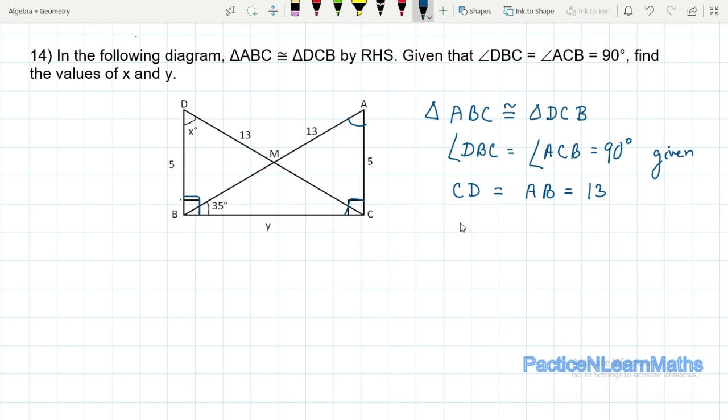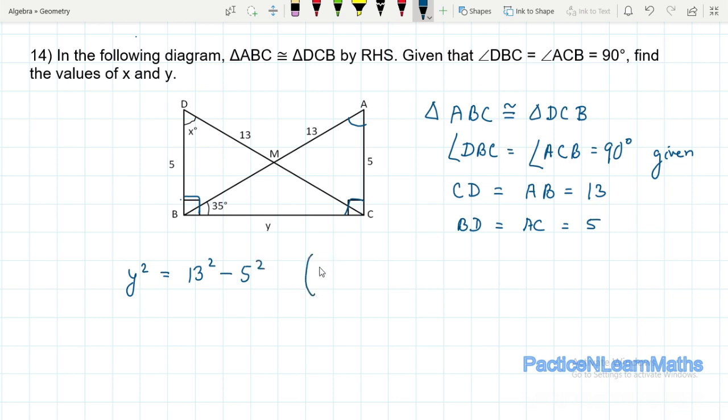Also, it is given that BD is equal to AC is equal to 5 and this is equal to 13. Now, you have learned the Pythagoras theorem, and with the help of the Pythagoras theorem, we can find out the value of y. So, y square is equal to 13 square minus 5 square.